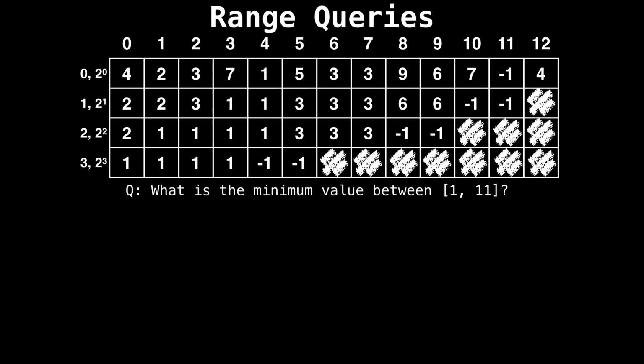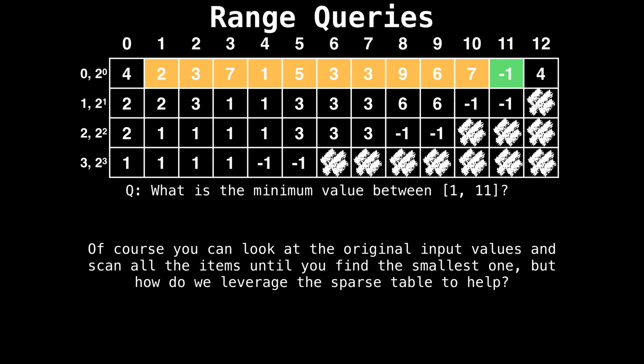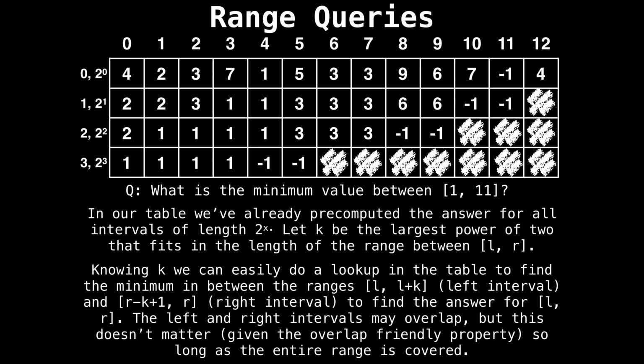Now suppose we want to know the minimum value between index 1 and 11 inclusive. Of course, we can look at the original input values and scan all the items until we find the smallest one. But how do we leverage the sparse table to help us? Well, in the table, we have already pre-computed the answer for all intervals of length 2 to the power of x.